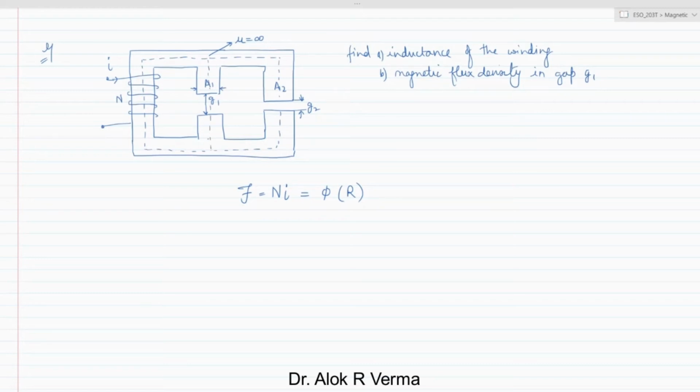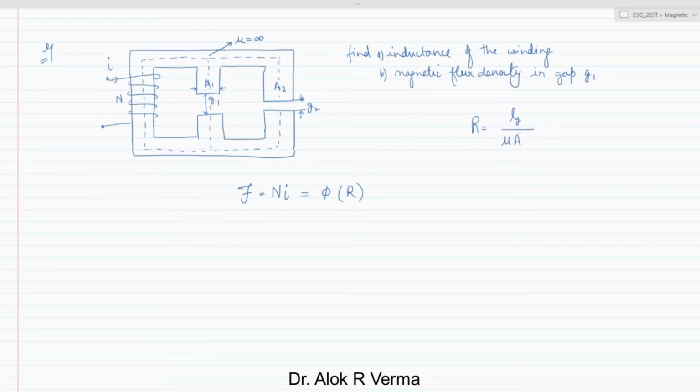Now clearly you see one reluctance will be appearing here, and if you assume mu infinity, that reluctance will go to 0. Because the reluctance is given as the gap length Lg by mu times A of cross section.